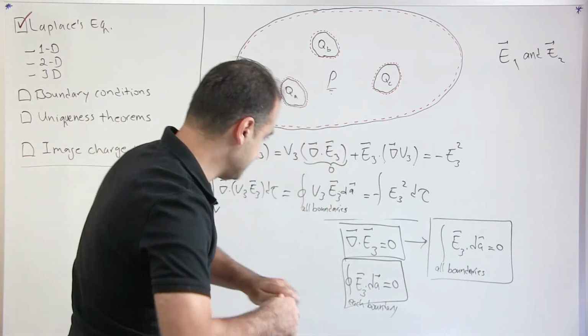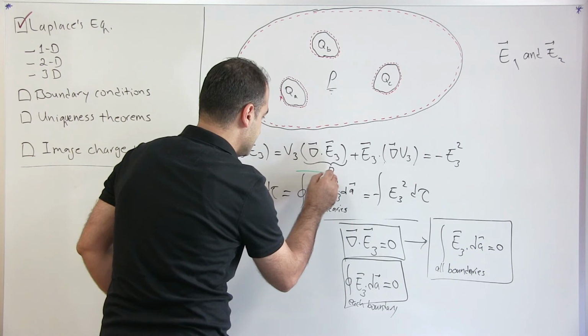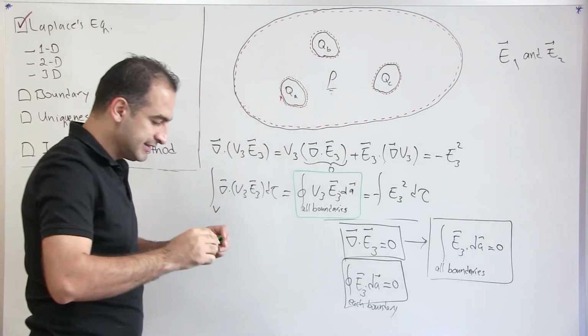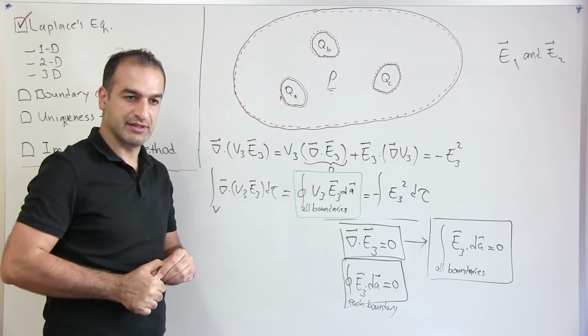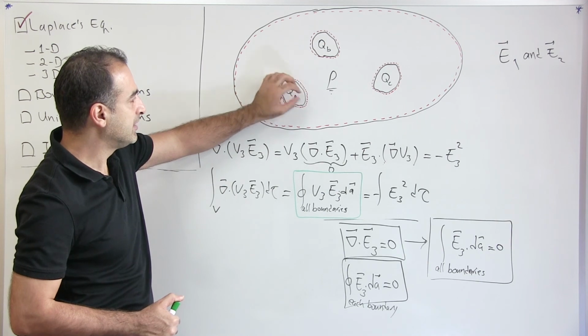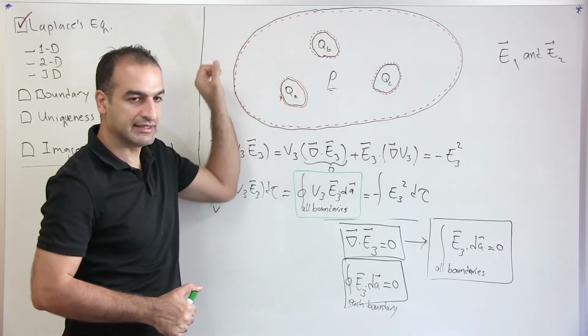Let me separate this in green. I can write it in terms of separate integrals. And instead of saying all boundaries, I want to say boundaries on A, boundaries on B, boundaries on C, and then outer boundary.